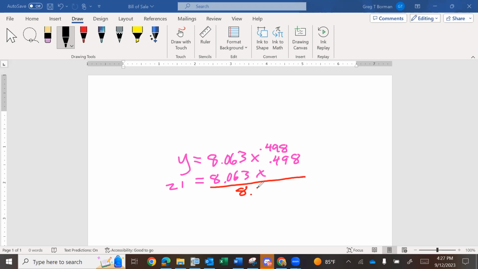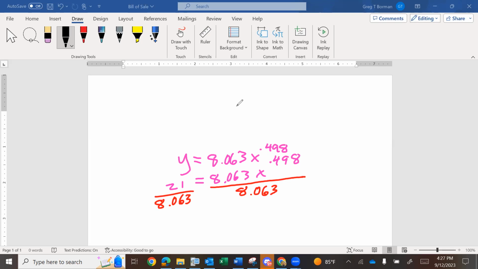We're going to divide by that number out front every time. So when you're working with a power function and you're solving for x, this is the process every time. You divide away this number because it is being multiplied by x.